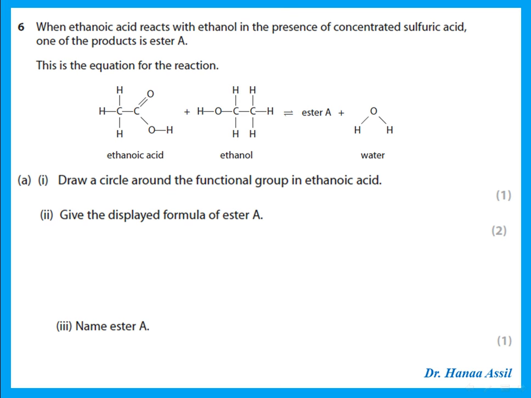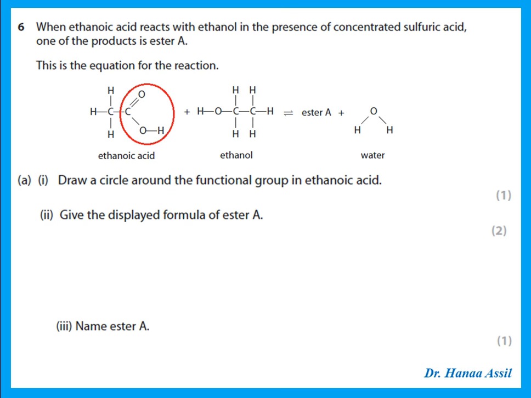Remember, functional group is the part of the molecule that identifies the homologous series it belongs to. So if we're saying this is an acid, it's because it has what? You need to put a circle around this: C double bond O, single bond OH. That is the part that identifies that this is an organic or carboxylic acid.